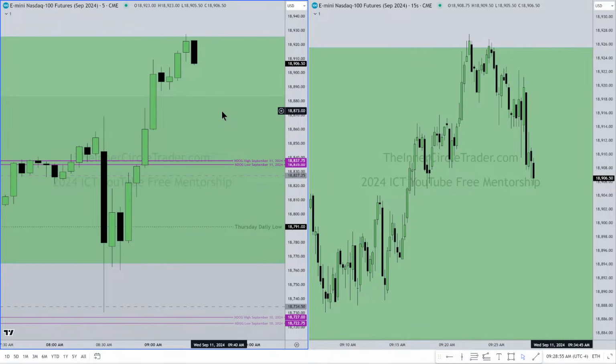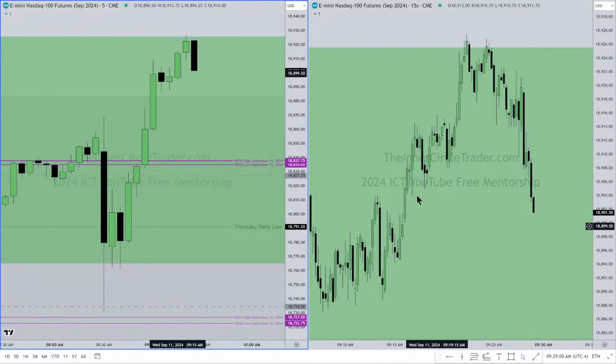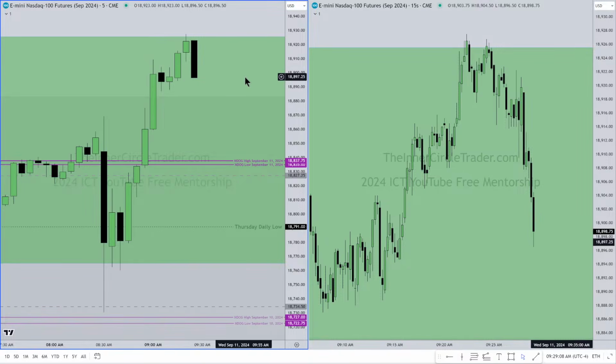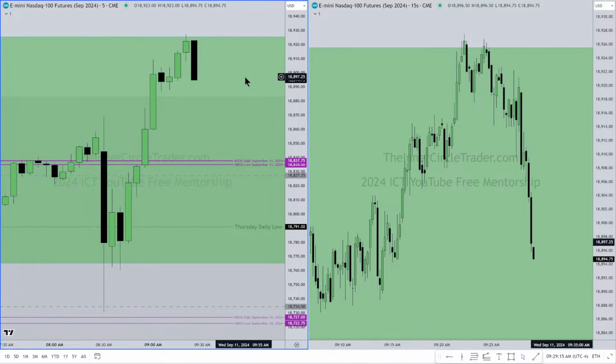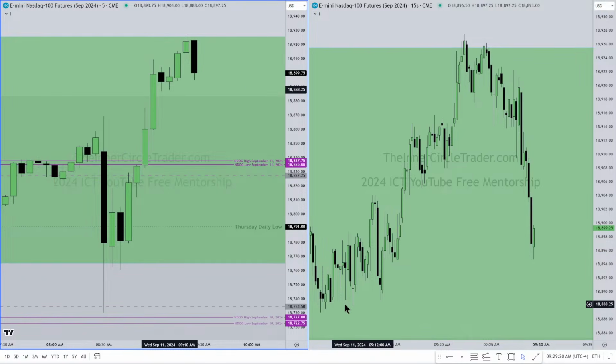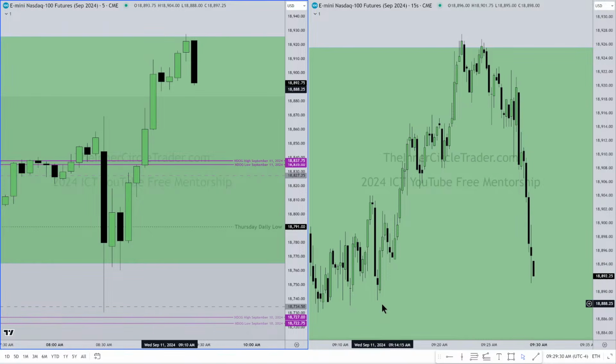Five minute on the left-hand side chart. I'm watching this inefficiency right here on the 15-second and the order block right there on the 5, seeing if they have any interest in that. Maybe as an inversion. There's sell side resting right down at 888s, 886s right in here. 30 seconds, opening bell.